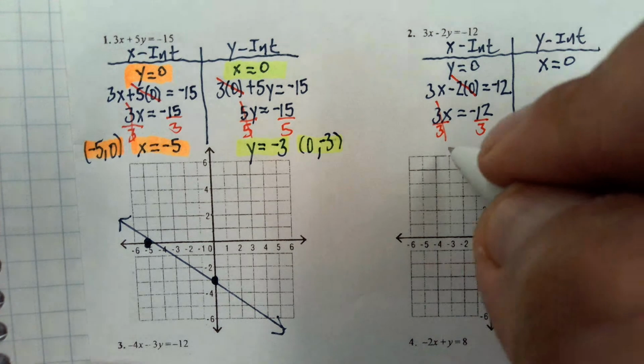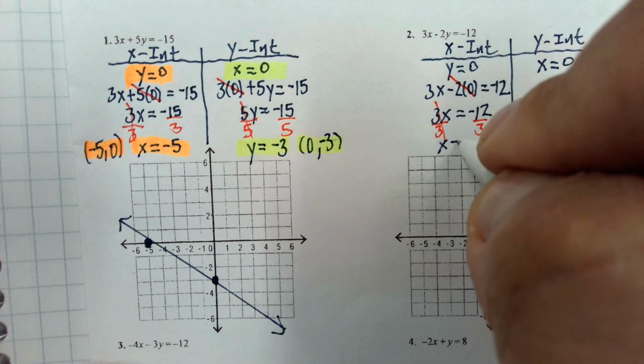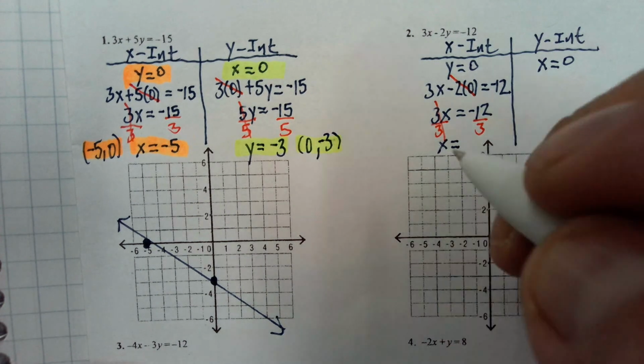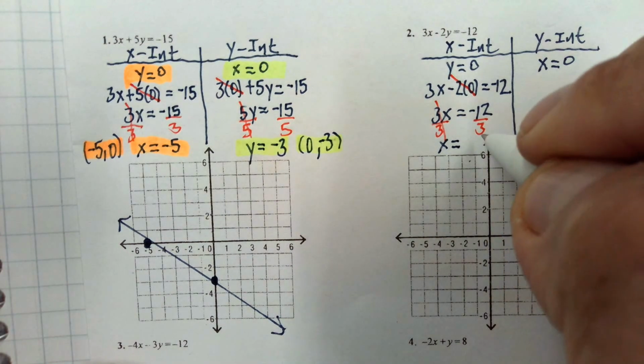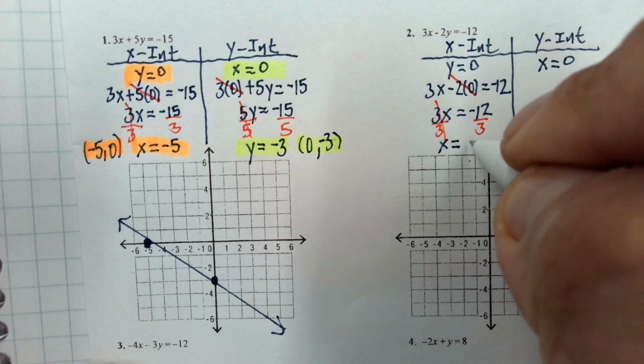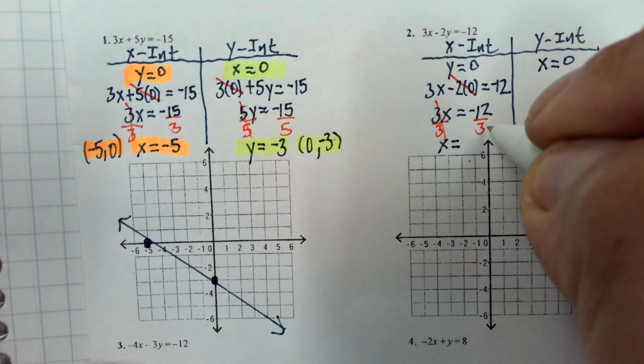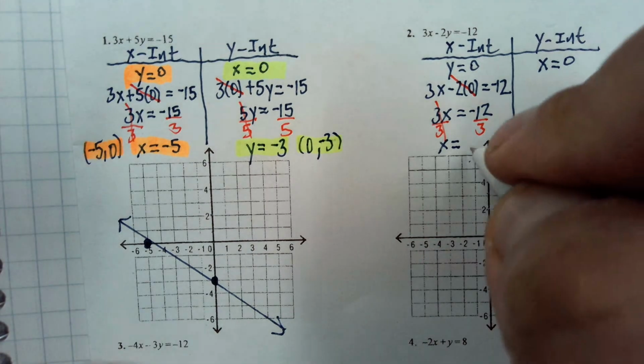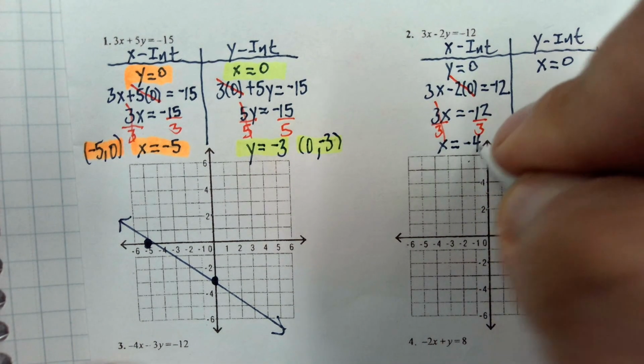And that's going to give us x equals negative 12 divided by 3. What's that going to be? It's a negative divided by a positive. Negative 4.